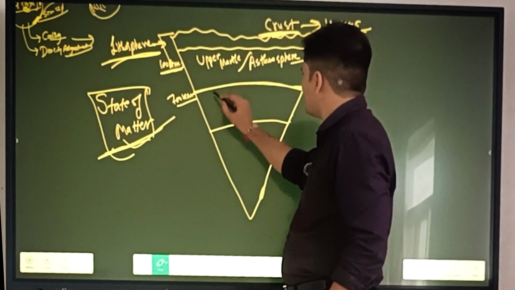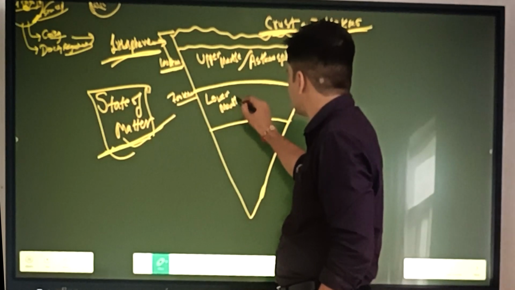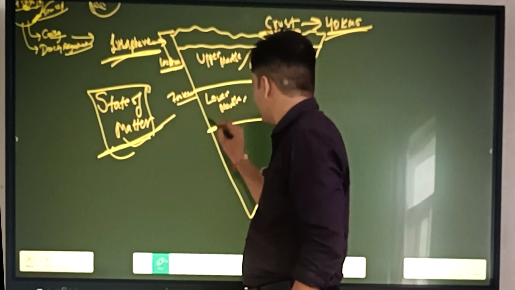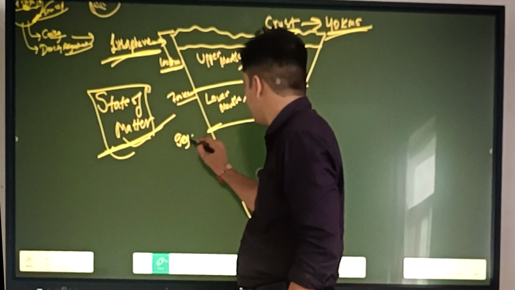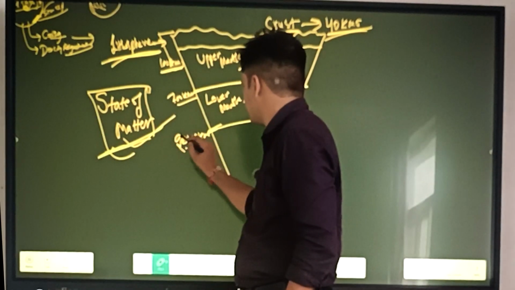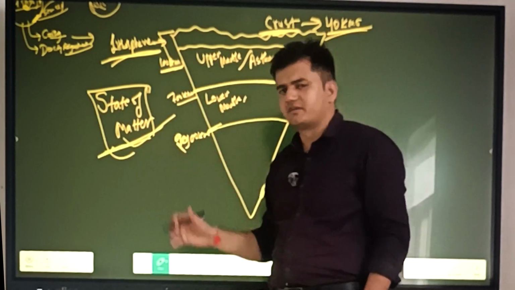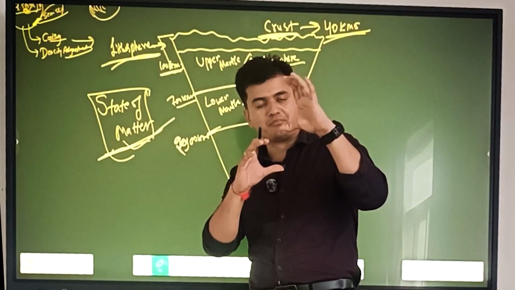The second part is called the lower mantle, and we can find the depth of the lower mantle up to 2900 kilometers. Then comes the core. This model says the core is not a single unit, it has two different parts.